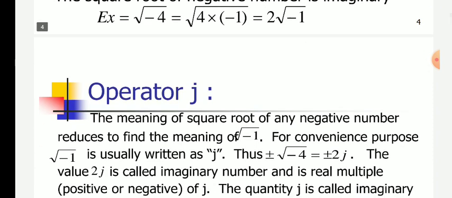The meaning of the square root of any negative number reduces to finding the meaning of the square root of minus 1. For convenience, the square root of minus 1 is usually written as j, so we call it operator j.